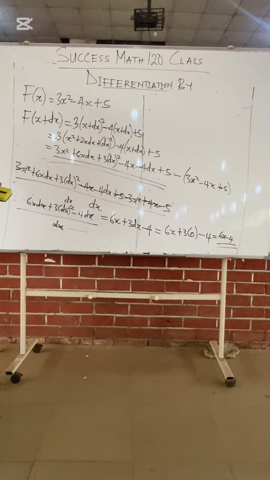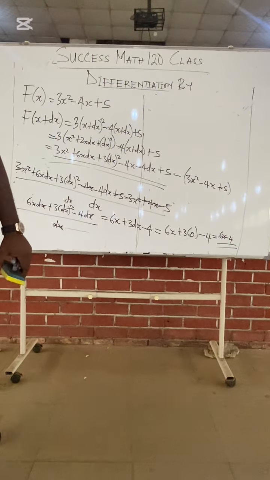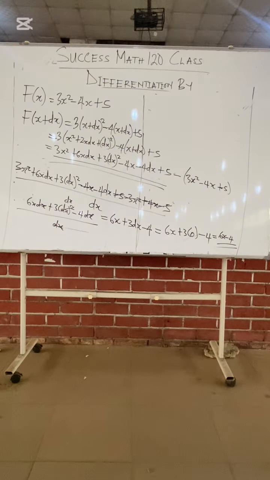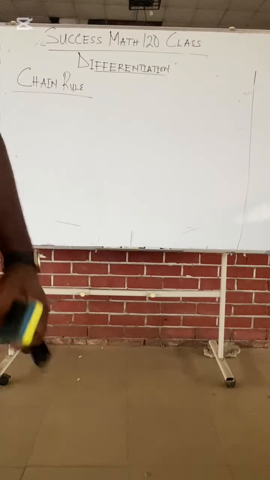Class, be fast so that I can go to product rule. Or I will do chain rule first. Yes, chain rule. Write down.